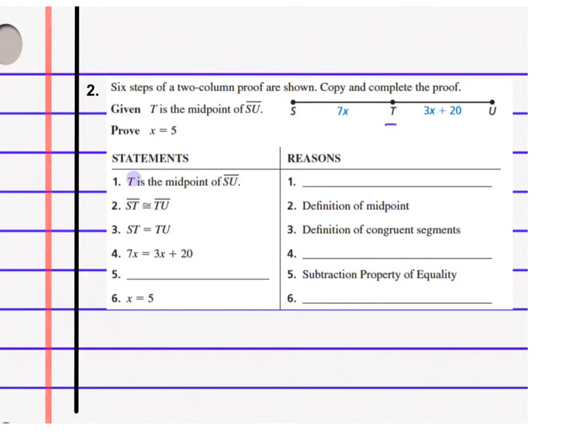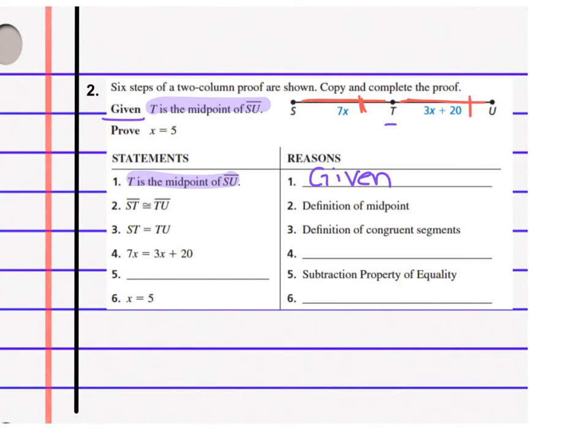Okay, so the first statement says T is the midpoint of SU. Right here, T is the midpoint. What's our reason? That should be given. That's always your first line. Okay. All right, what do we have next? ST is right here. ST is congruent to TU. How do we know that?